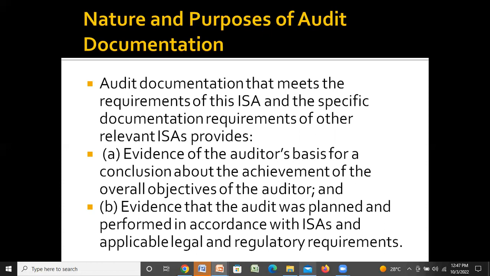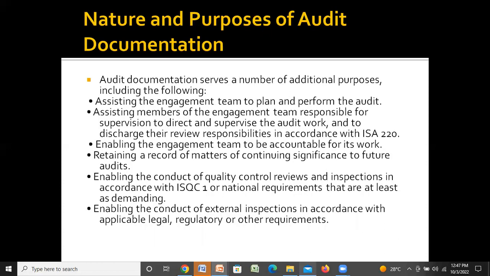Audit documentation serves a number of additional purposes, including the following: assisting the engagement team to plan and perform the audit. So even in audit planning, you need documentation. For example, by the time you are trying to characterize the organization you are auditing, their business processes, their services or their technologies, that characterization might throw up the need for specialists, which you may or may not have in your team.